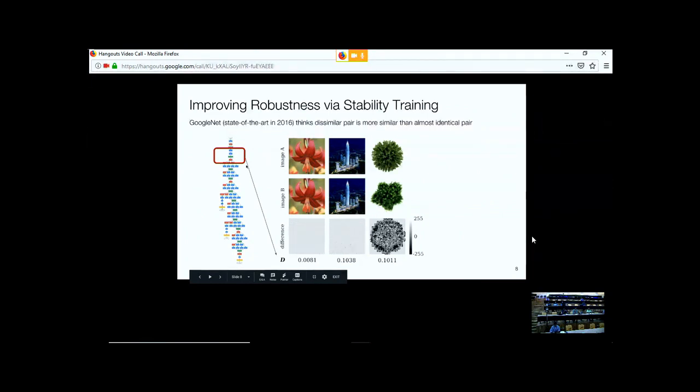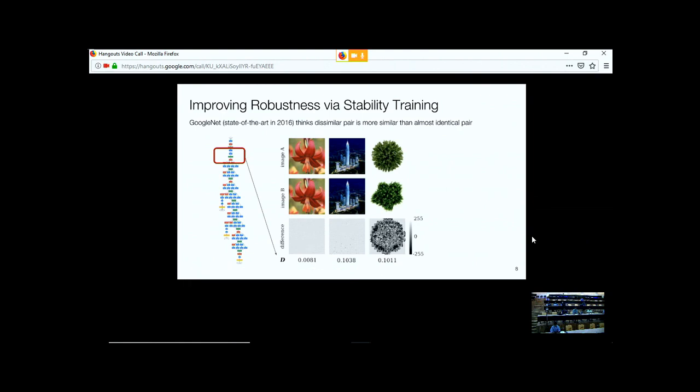The way you check if these are actually similar is that you take the features, which are the output of the neural network at a very high level. You take the features of image A and image B, and then you compute their distance. For these two images, the distance is 0.008, and here it's 0.1.